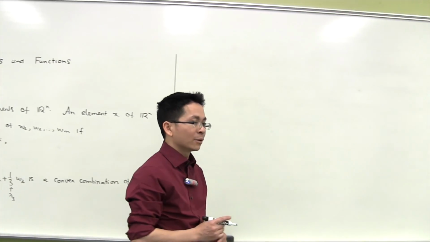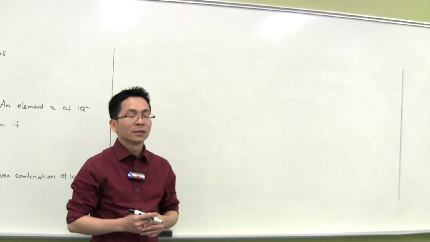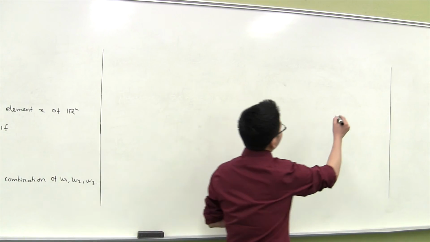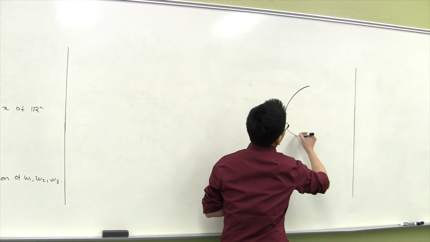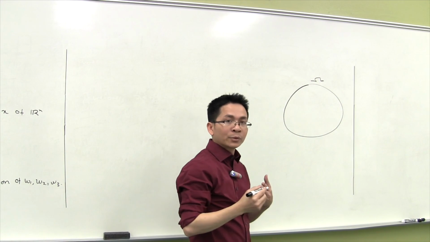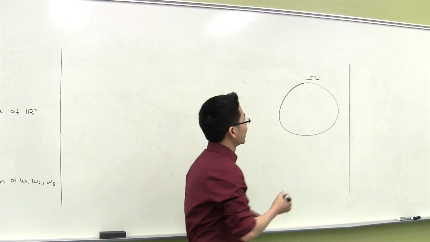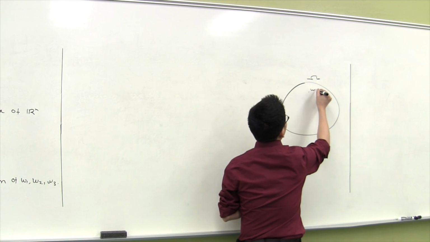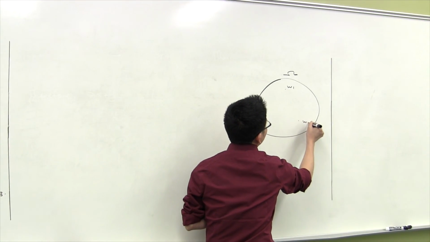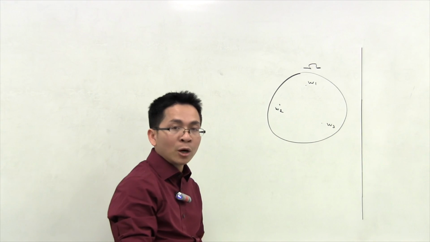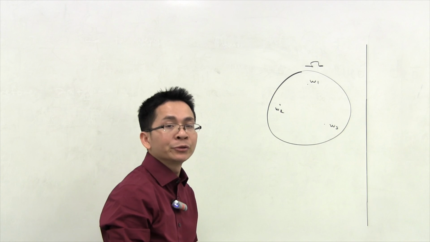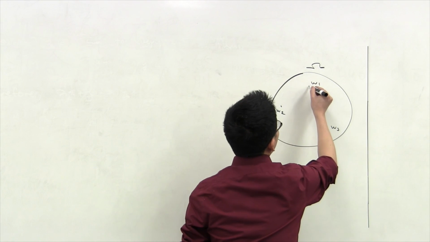Next, I'm going to talk about a very, very important characterization for convexity of sets. Here we have a convex set omega. If we take 3 elements of omega, say W1, W2, and W3, then if we form all convex combinations of W1, W2 and W3, we're going to have this triangle.